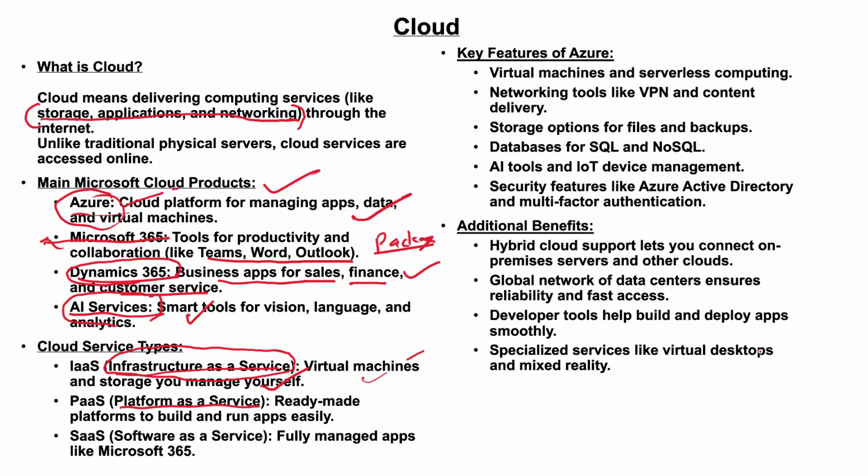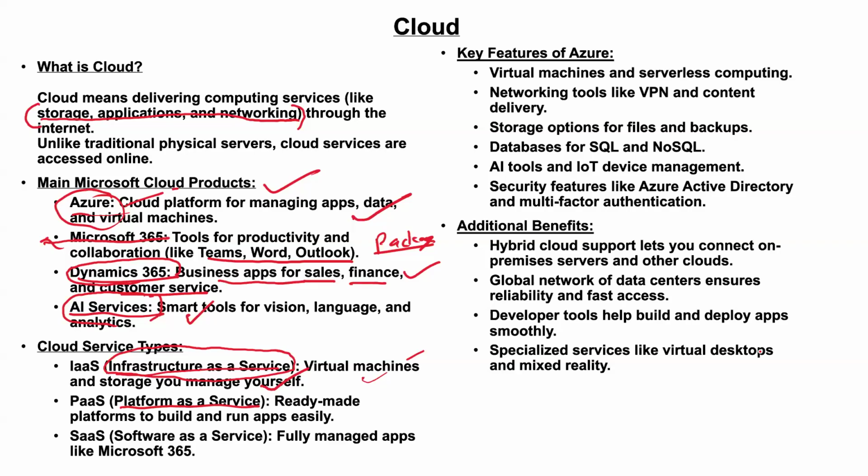And we have something called platform as a service, which is ready-made. Already the things are made, you just have to build on it and run it. Already a platform is given, you just do whatever you want on that particular platform and run it. It is like playing a game which is already inbuilt.